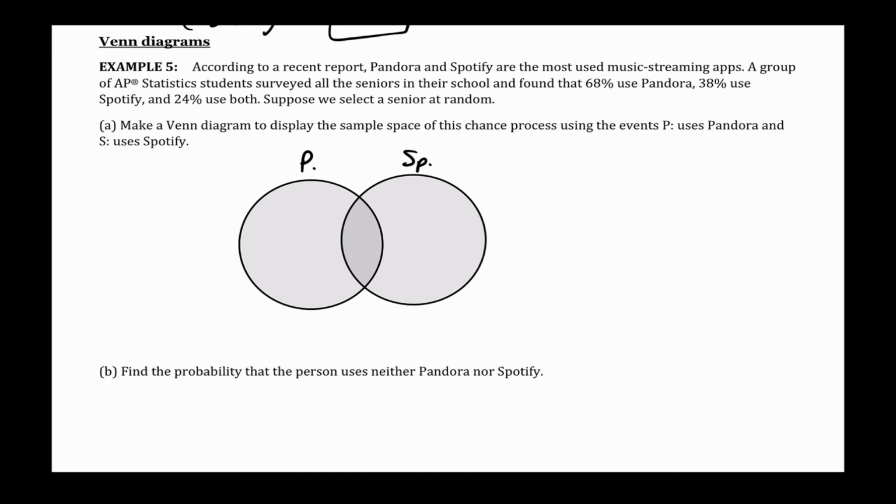Okay? So when you use a Venn diagram, always start in the middle. Always start in the middle, in between them. What decimal is going to go in there? 0.24, I agree.